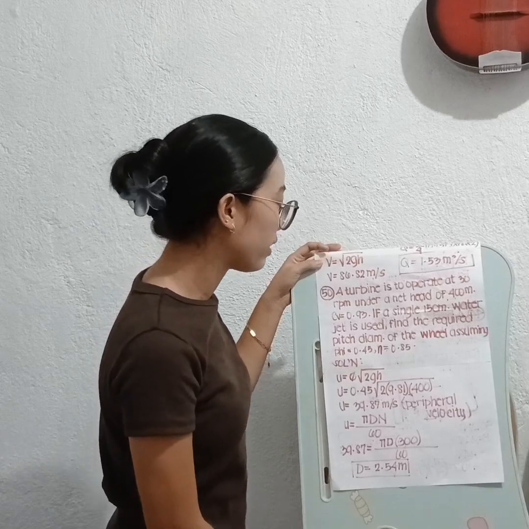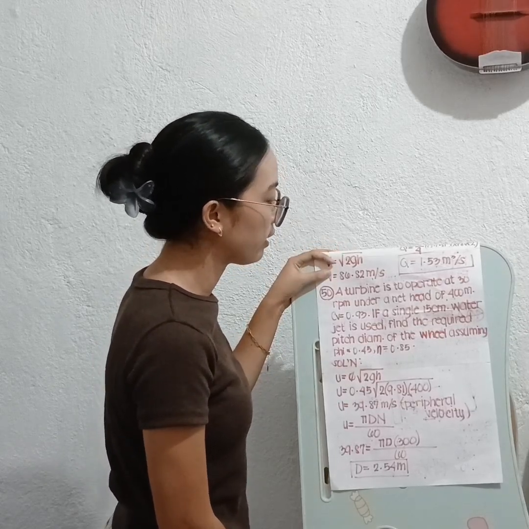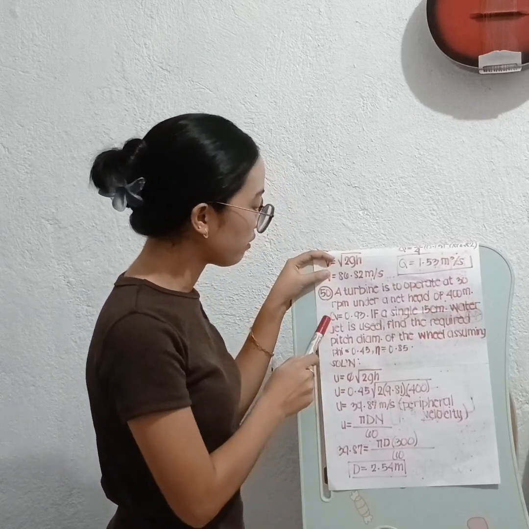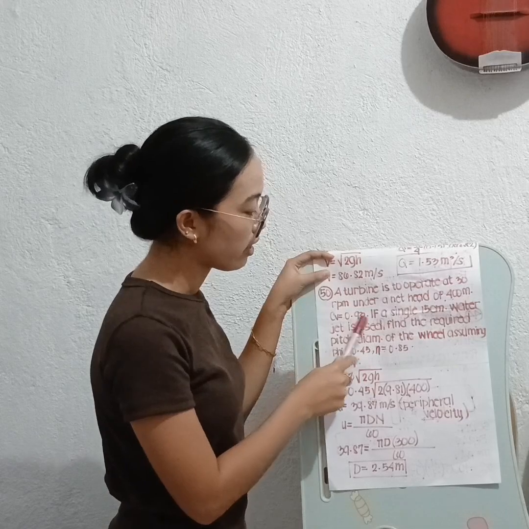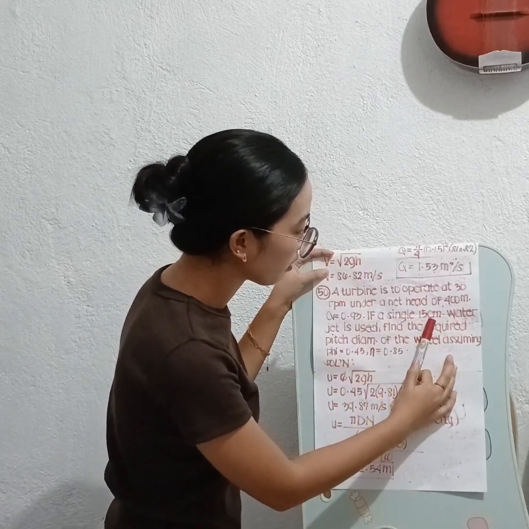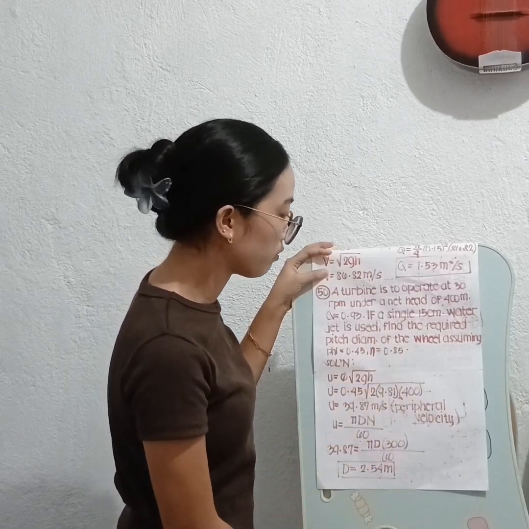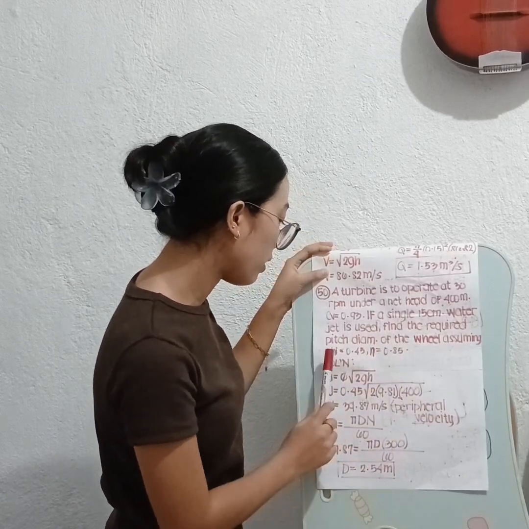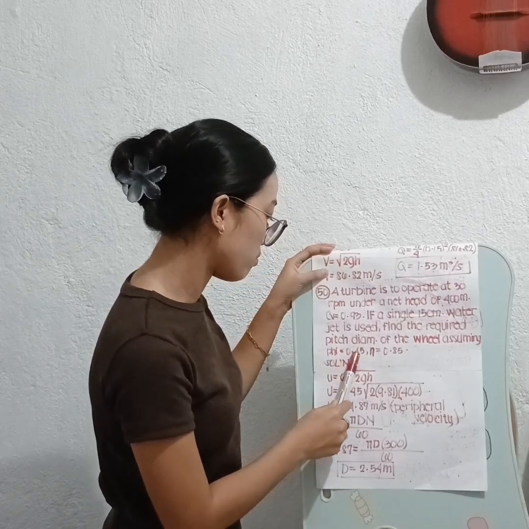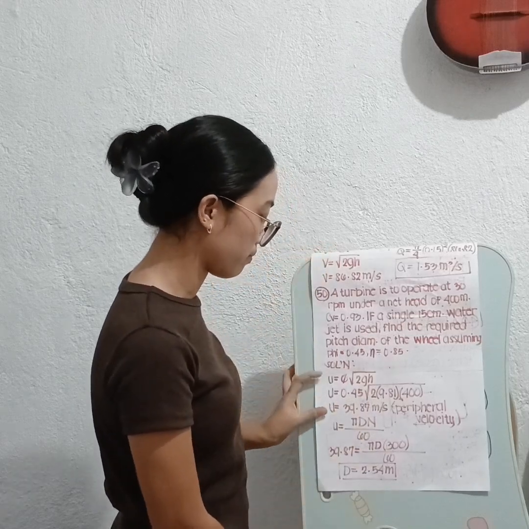Lastly, a turbine is to operate at 300 revolutions per minute under a net head of 400 meters. So our CV is equals to 0.98. If a single 15 centimeter water jet is used, find the required pitch diameter of the wheel, assuming peripheral velocity is equals to 0.45 and an n is equals to 0.85.